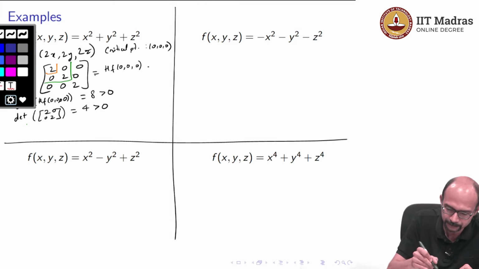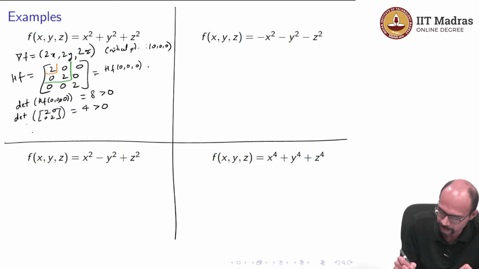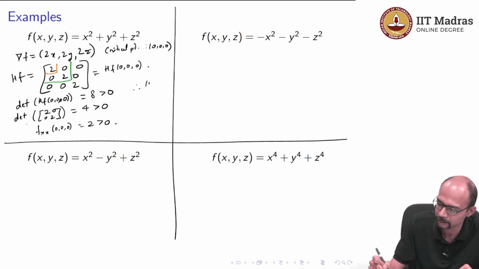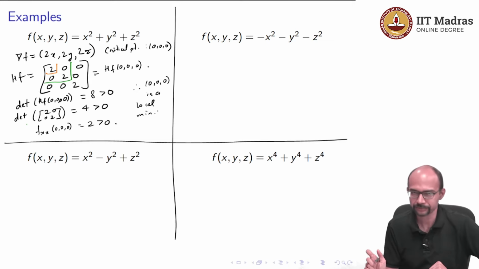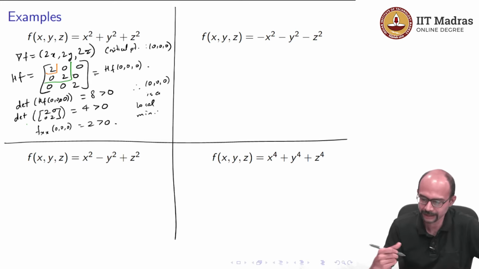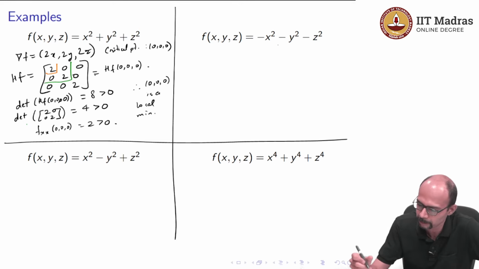So, that entry is positive. So, f x x at 0 0 0. So, therefore, 0 0 0 is a local minimum, and that is exactly what we had in our case 1, right. So, this is how you can remember case 1.